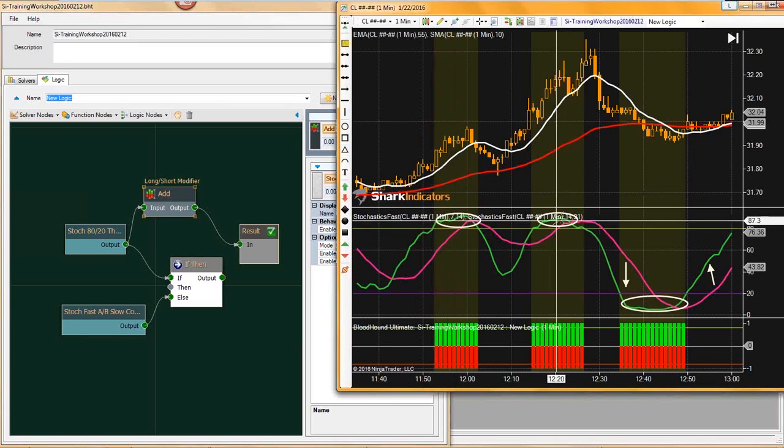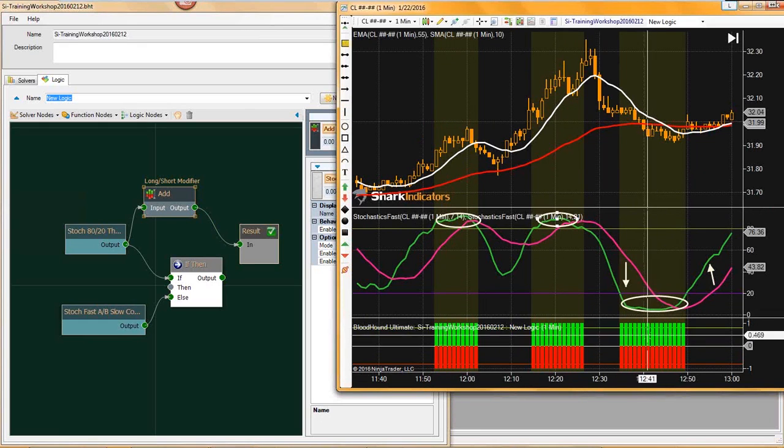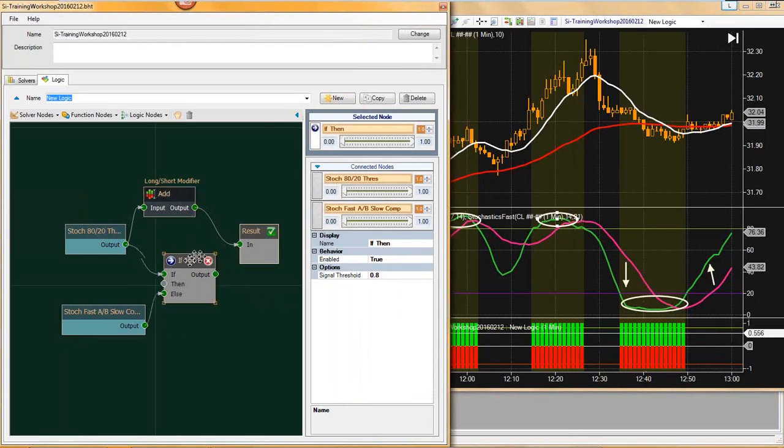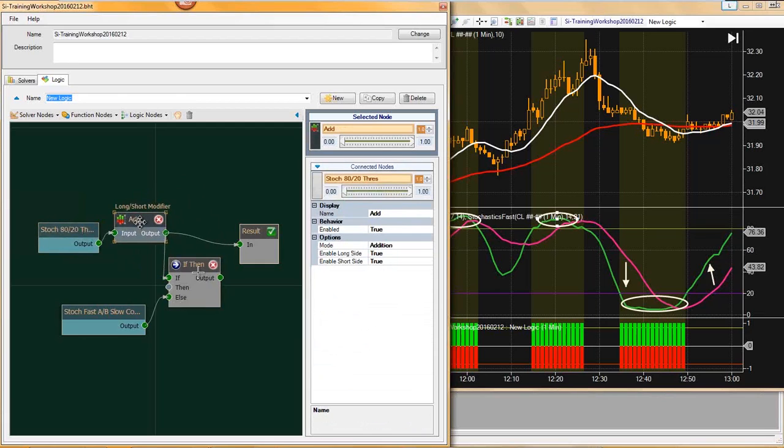Now when you look at what's coming out of the long short modifier, we're getting a long and a short output whenever condition A happens. So now both the long and the short switch inside the if then will be controlled correctly. So we're going to take this and plug that in like that.